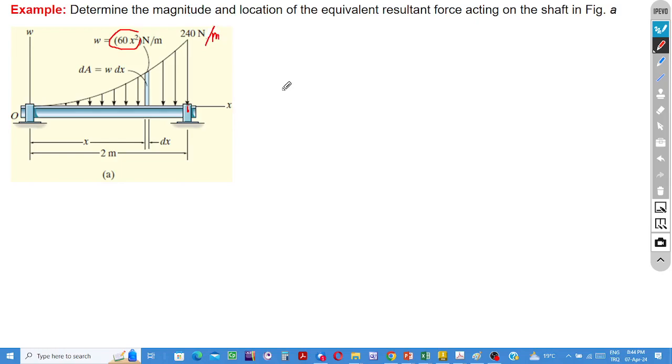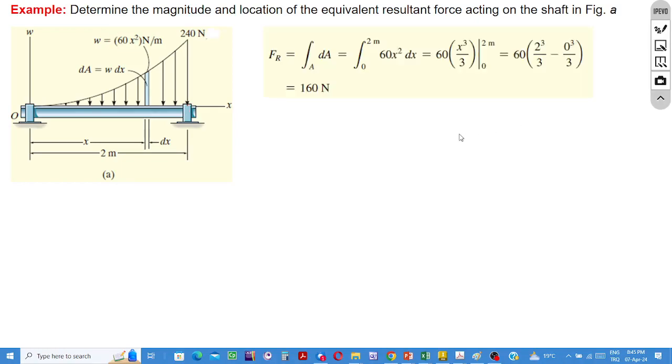The maximum value of the load curve is at this end of the shaft. The area under this load curve is the magnitude of the resultant force. Then calculate it. For one of the strips under the load curve, dx times w is the area. If we add such areas up, taking the integral, we find the total area.